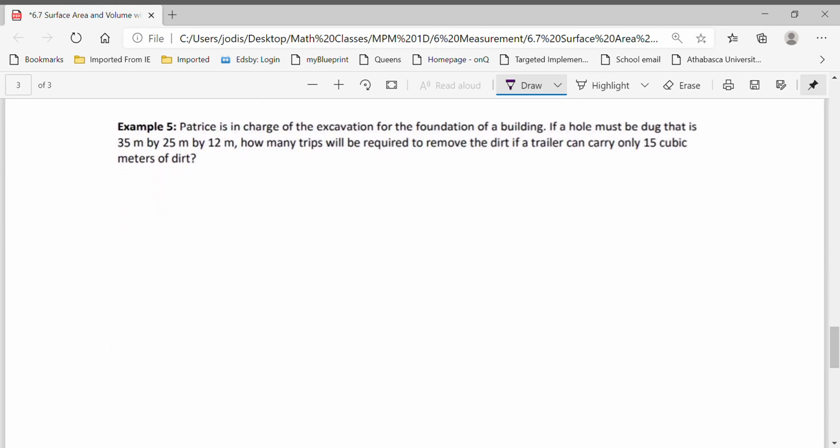And last one here, Patrice is in charge of the excavation for the foundation of a building. If a hole must be dug that is 35 by 25 by 12, so we're assuming that this is a rectangular looking hole.